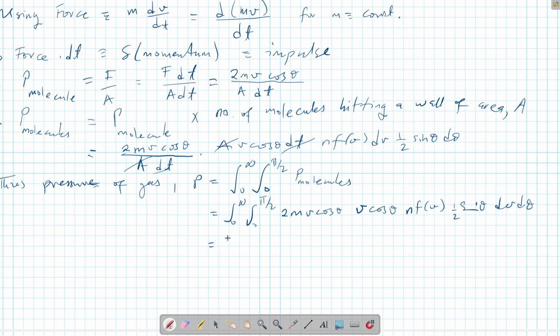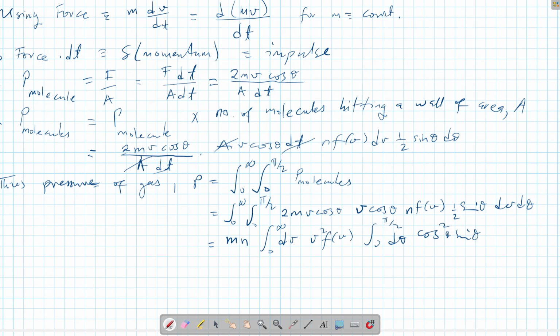So you can rearrange this to be m times n, integration from 0 to infinity of dv v squared f of v, and 0 to pi by 2 d theta cos squared theta sin theta, right?